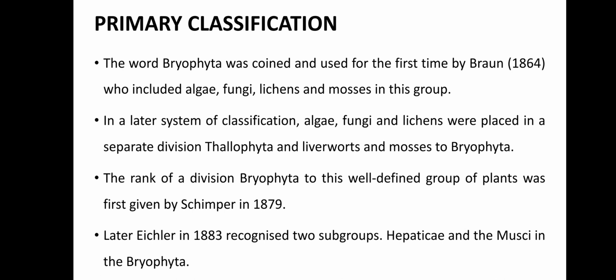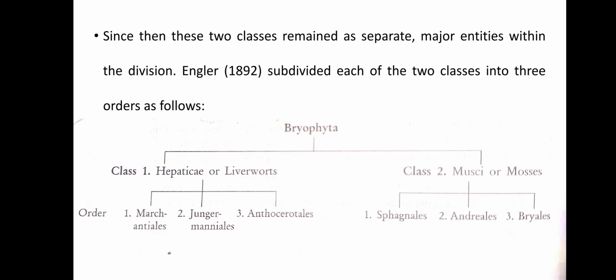Later on, Eichler in 1883 recognized two subgroups of Bryophyta. One is Hepaticae and one is Musci. Since then, these two classes have been separate major entities within the Bryophyta division. Then Engler in 1892 subdivided each of these classes into three orders.